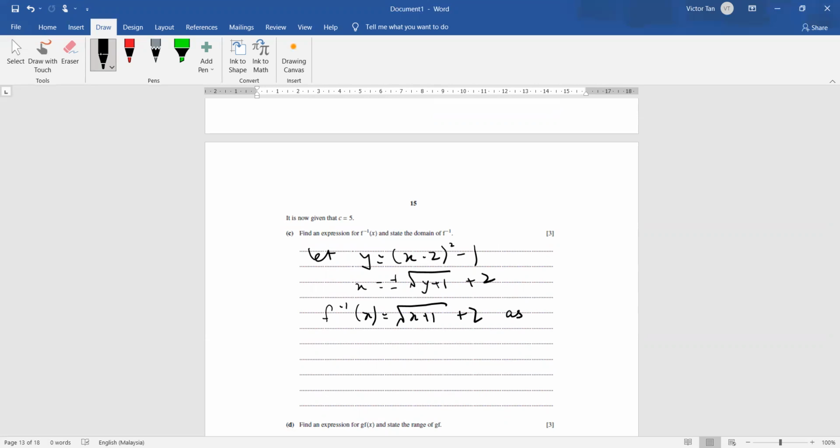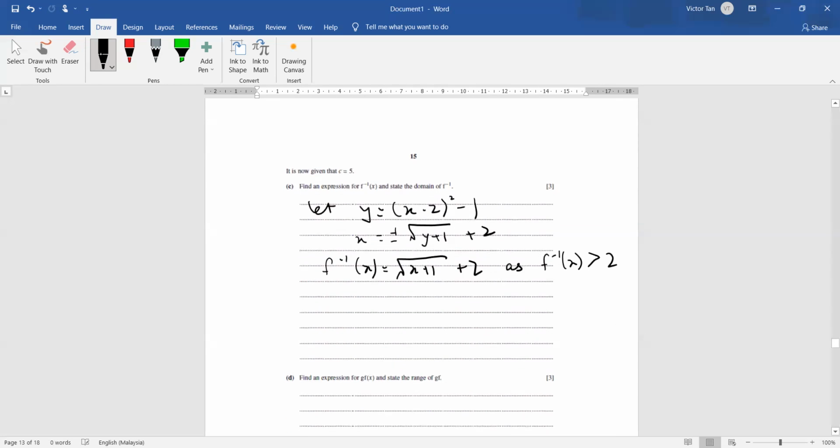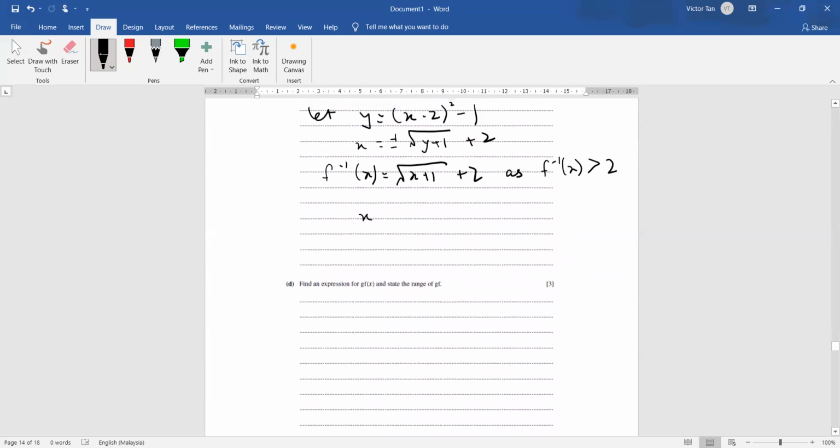As the range is larger than 2. Okay. So the domain of x would be, wait, let me see, it's larger than minus 1.